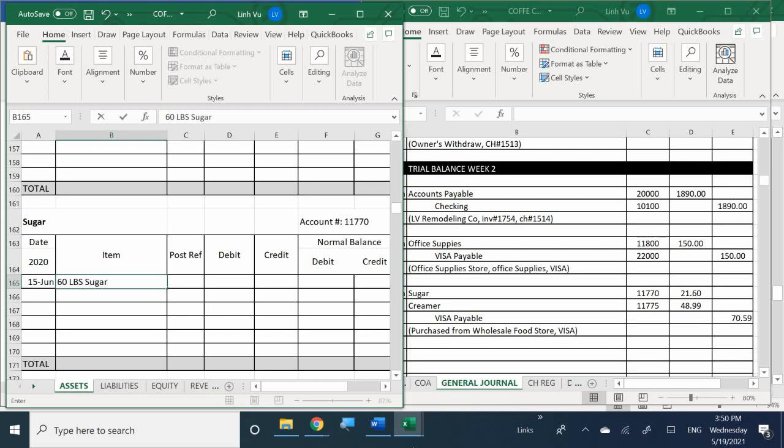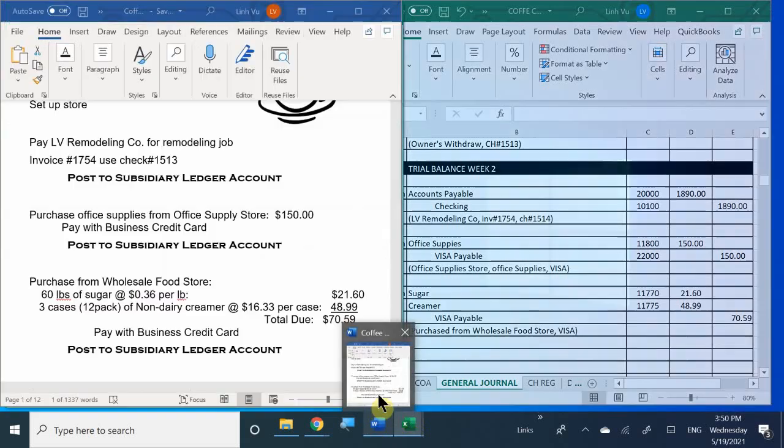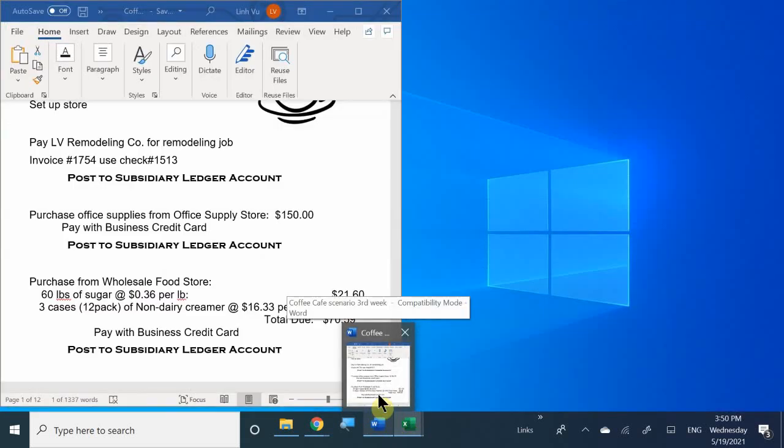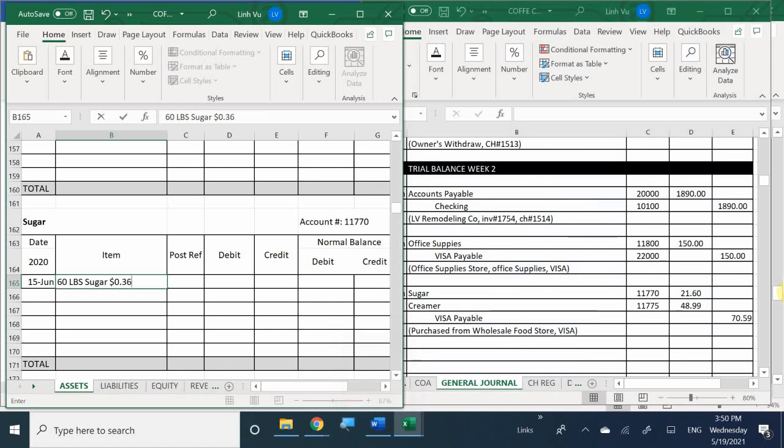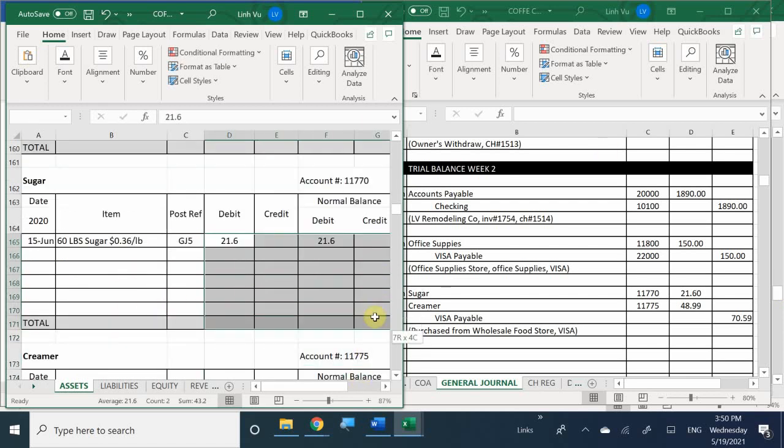And then if we want to, we could put how much per pound, if you'd like. Let's reference General Journal 5. And then the debit for 2160. And then the same with the creamer.